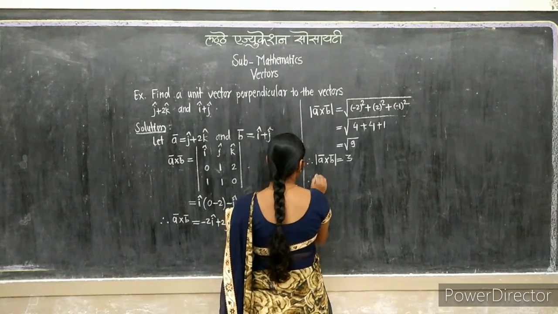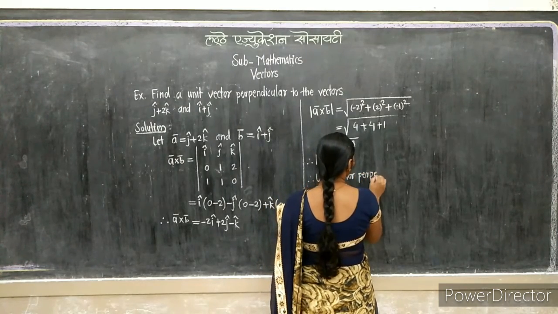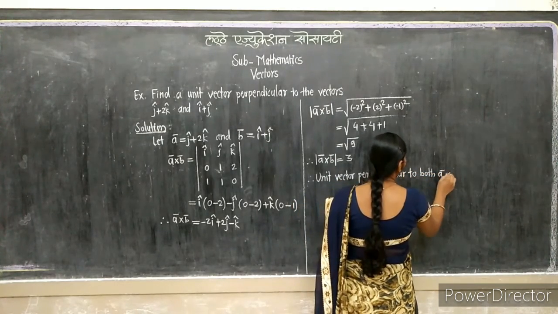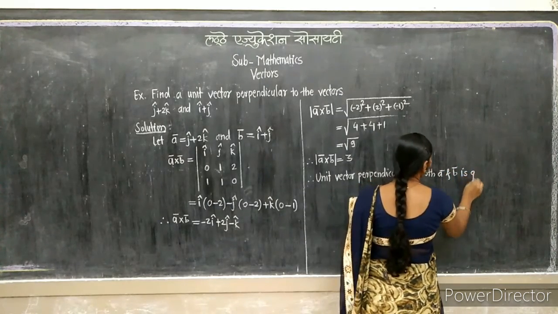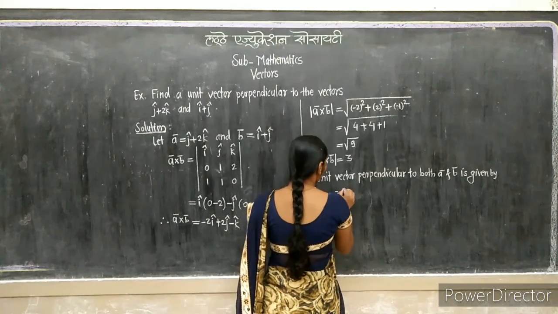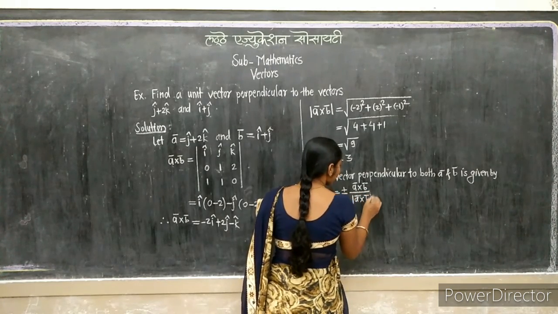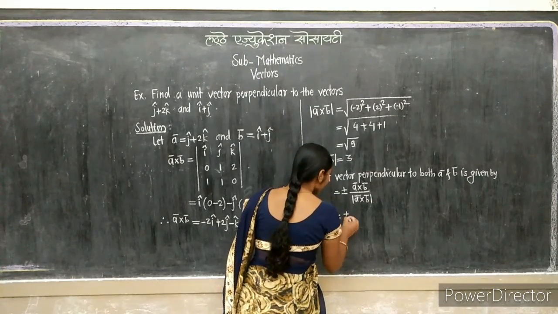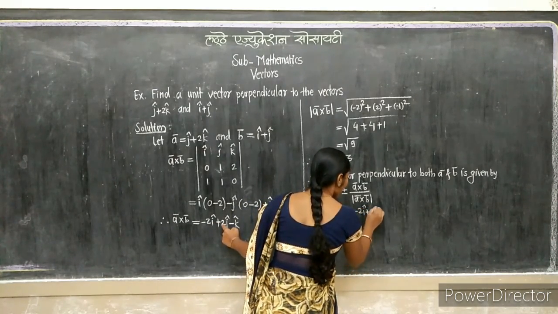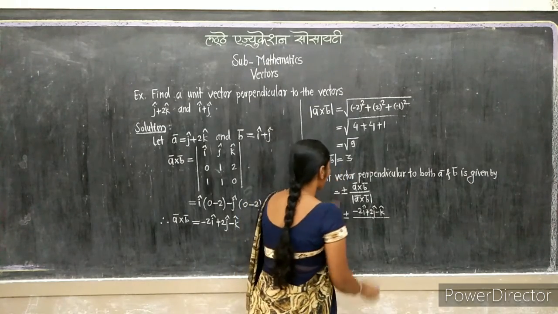Therefore, the unit vector perpendicular to both a bar and b bar is given by plus or minus a bar cross b bar divided by magnitude of a bar cross b bar, which is equal to plus or minus a bar cross b bar, which is minus 2 i cap plus 2 j cap minus k cap, divided by magnitude of a bar cross b bar, which is 3.